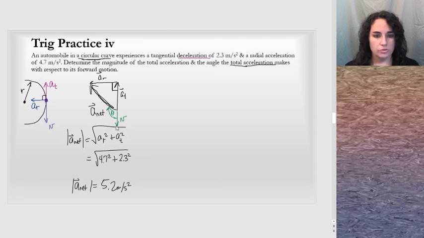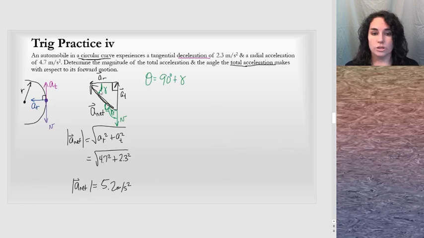With respect to the going velocity. And I'm going to note that that is 90 plus this angle, whatever that angle is, which is the same as this angle. I'm going to call this angle gamma. Okay. So if I want to find theta, it will equal 90 plus gamma, whatever gamma is.